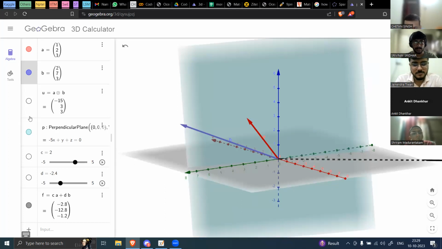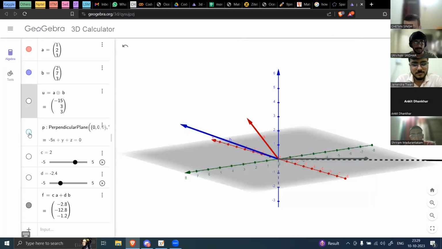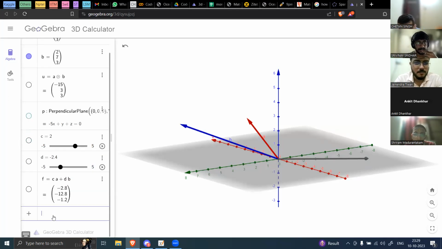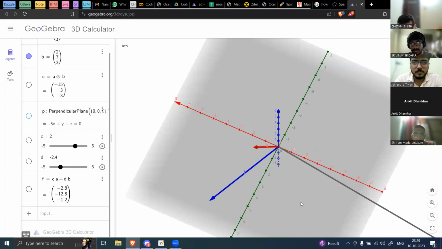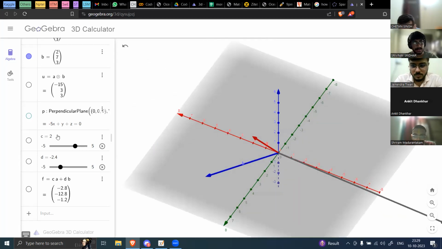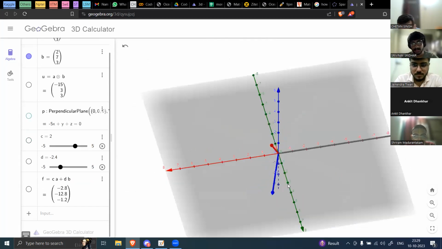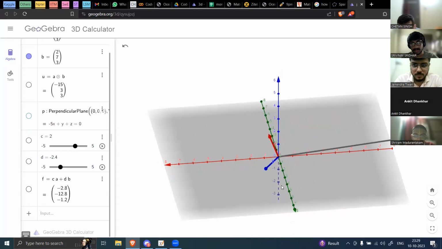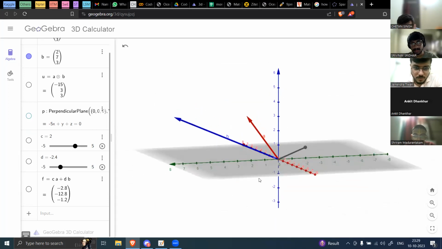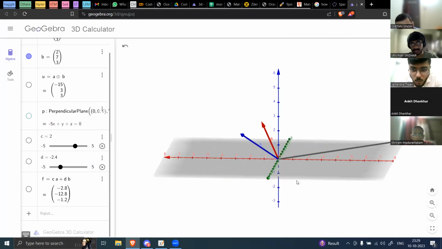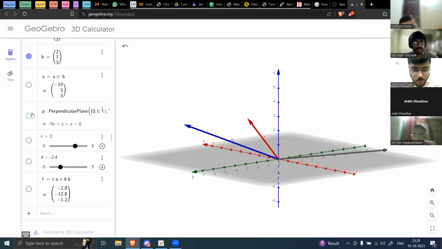What is this gray vector? Not able to select the vector.